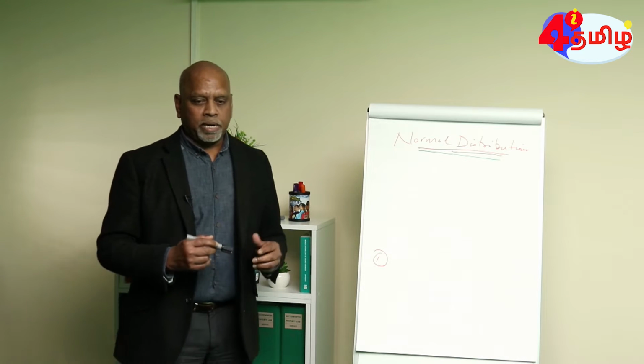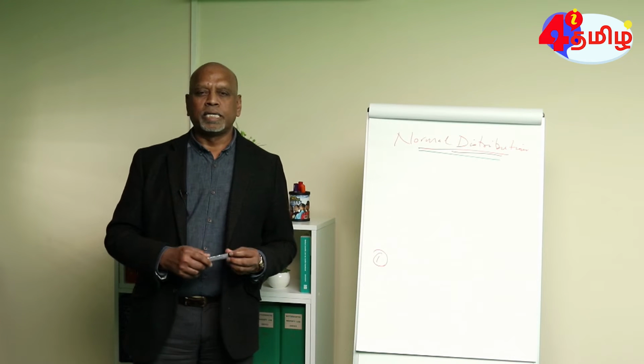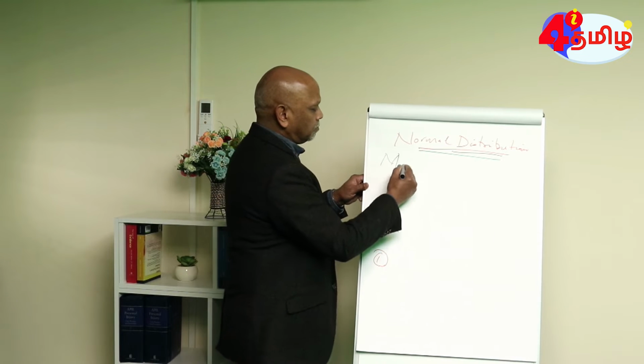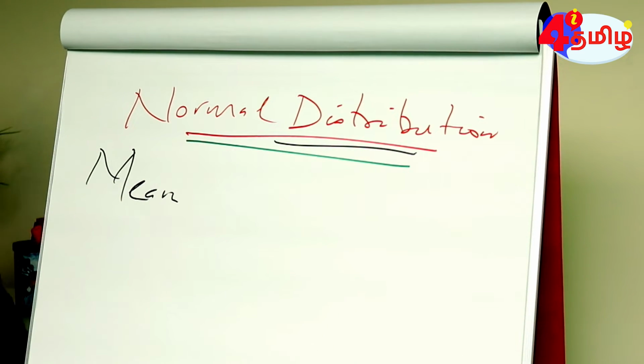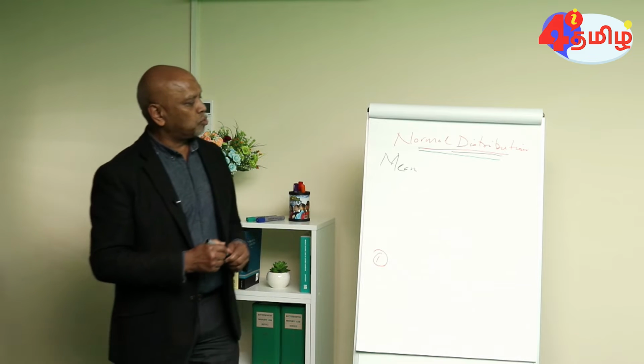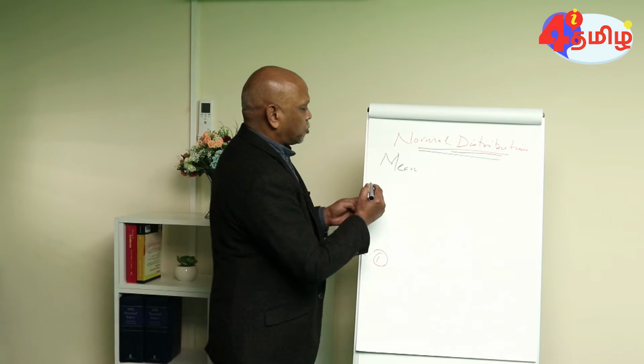For this particular topic, as I said, you need to understand mean. Mean, you all know, as you are in A-level second year, you must know what mean is, average. And the next one you need to know, standard deviation.